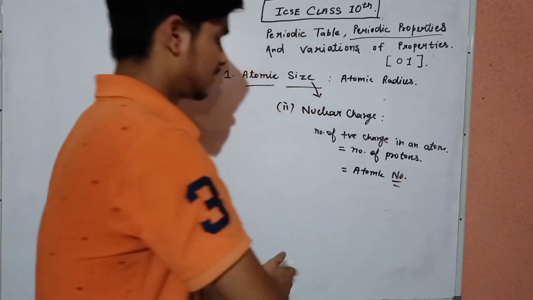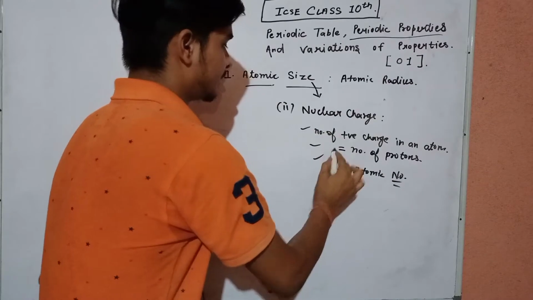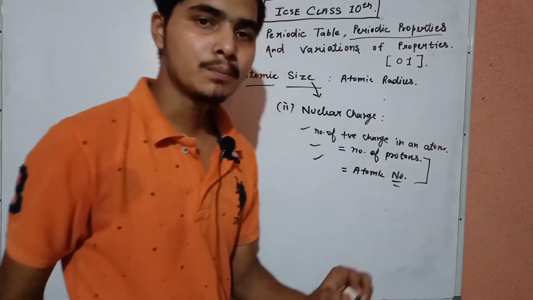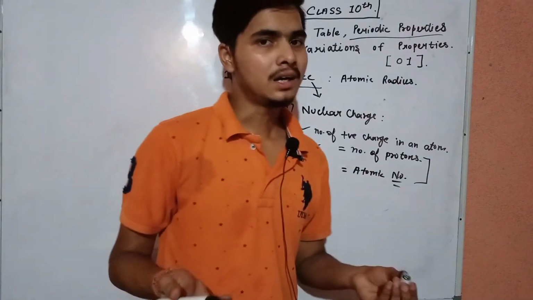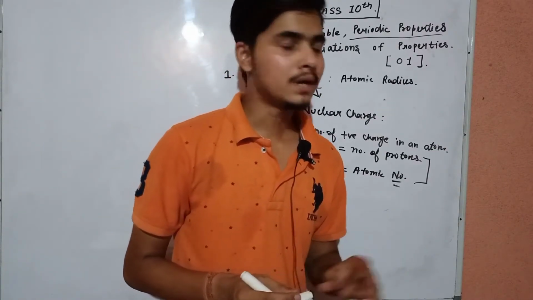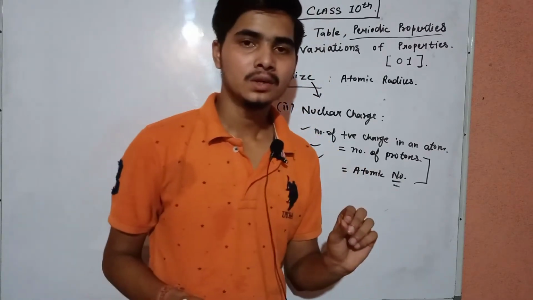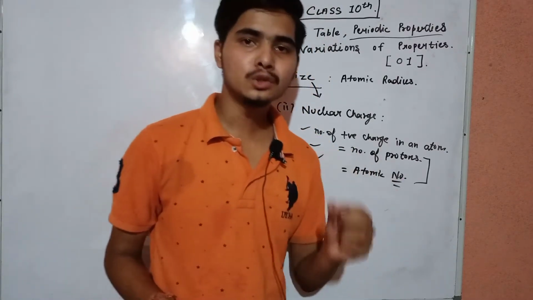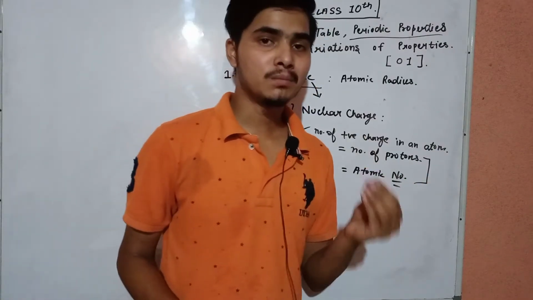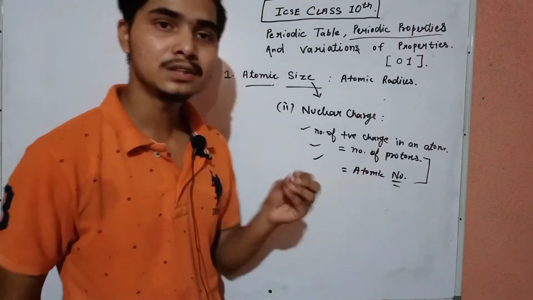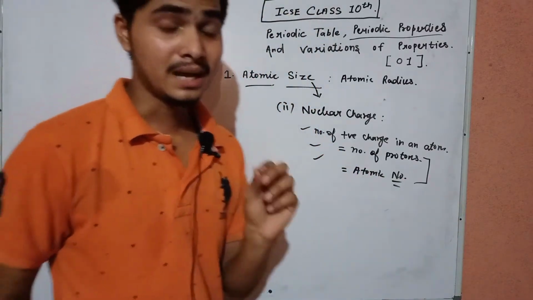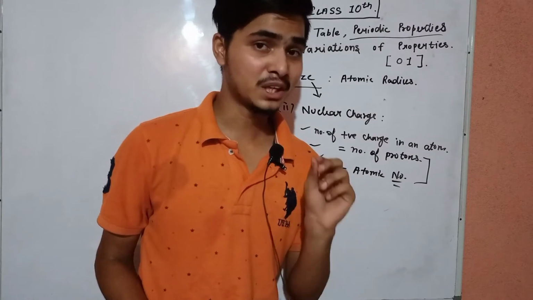Number of protons and atomic number are one and the same thing. Suppose I tell you that the atomic number of sodium is 11. What is the number of protons in sodium? 11 only, because the number of protons is equal to the atomic number of that particular atom. I am not talking about ions, I am talking about atoms.